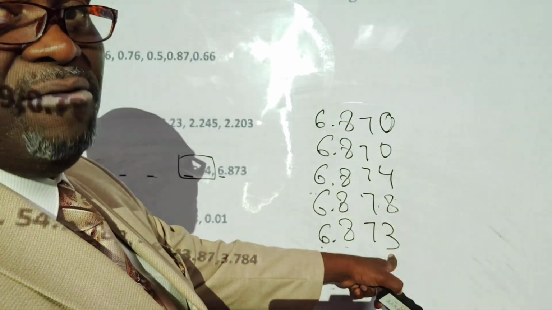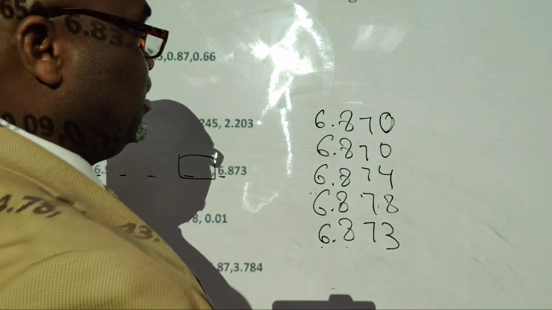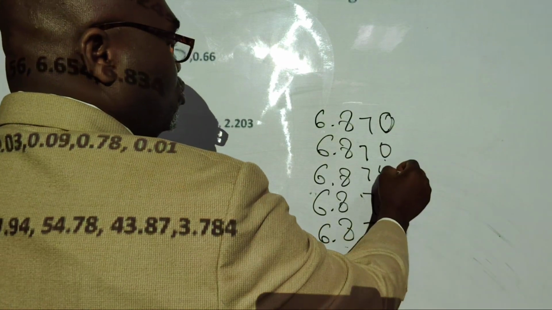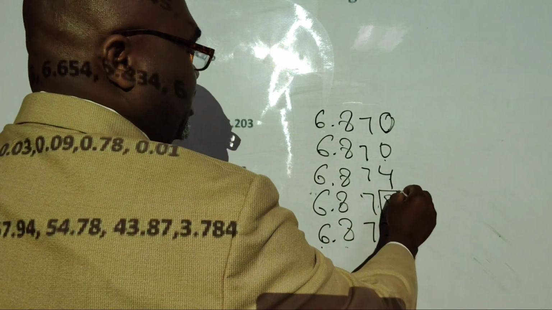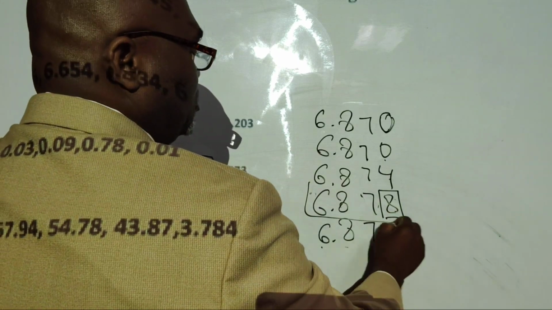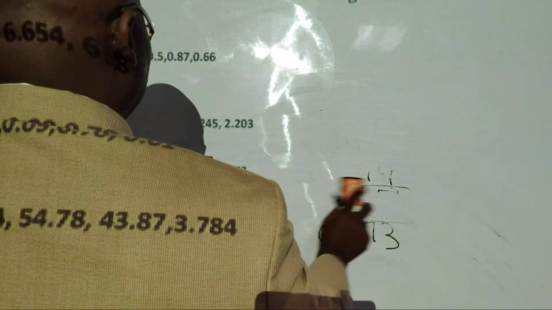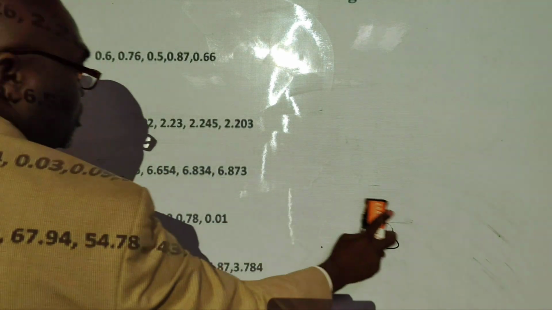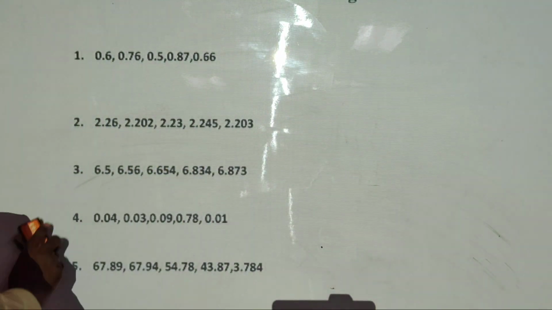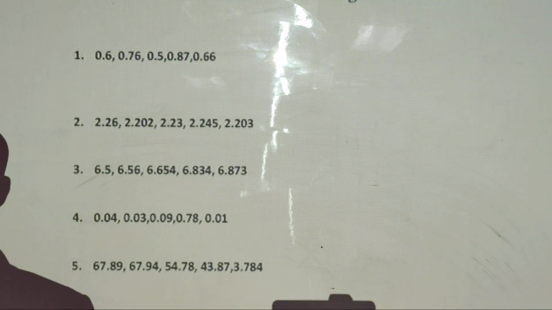Then I get to the thousandths place. When I get there, I compare 0, 0, 0, 4. I got 8. 8 is the biggest one, so this is going to be the biggest number. All right? So hopefully you are able to understand this.